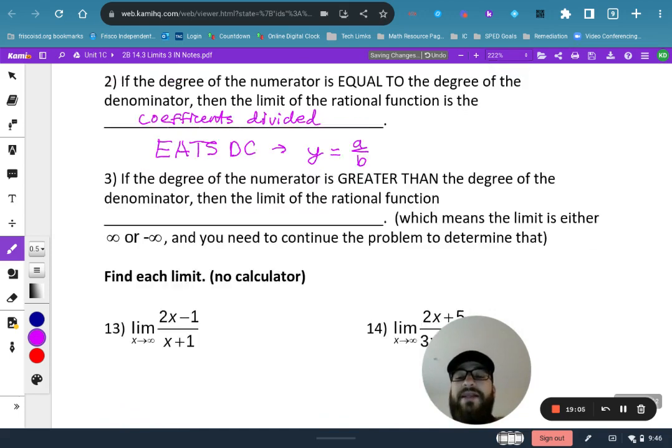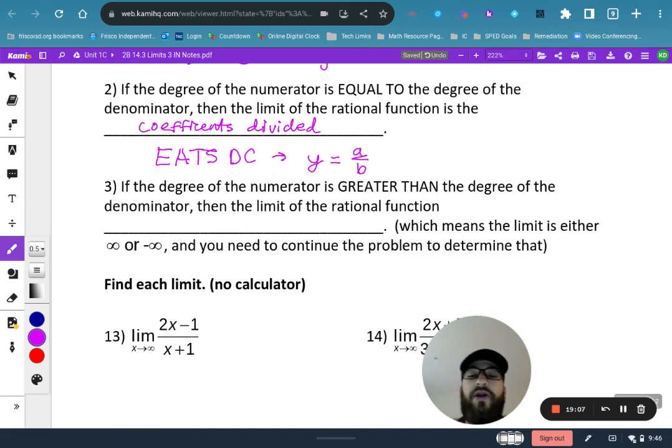And then last but not least, if the degree of the numerator is greater than the degree of the denominator, then the limit of the rational function is infinite. And this is because, remember we talked about the numerator being greater than, that was our BOTTEN situation.